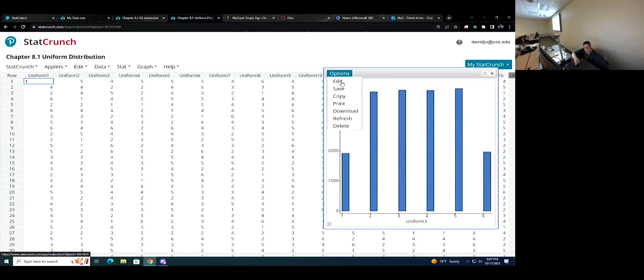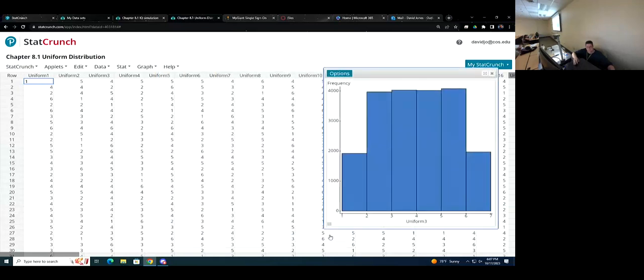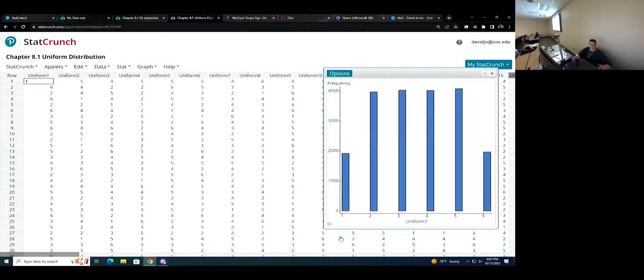Let's try this. Edit. Start at 1 and do a width of 1. Well, that didn't help. All it did is make it, what? It just made it look fat. What happened? It's not even a histogram here.